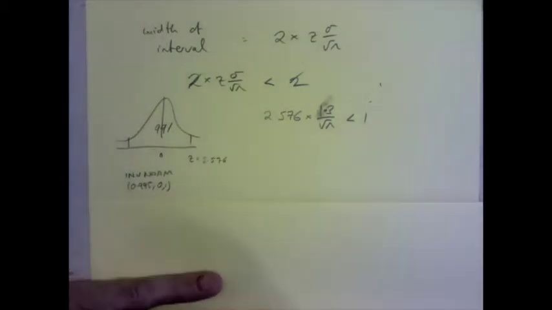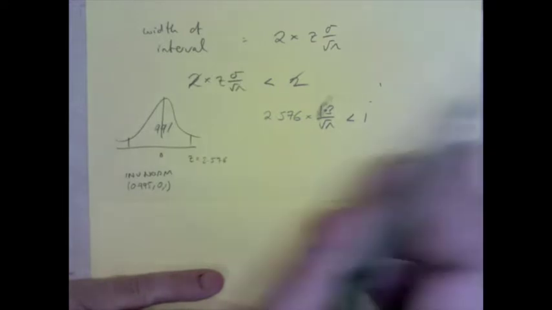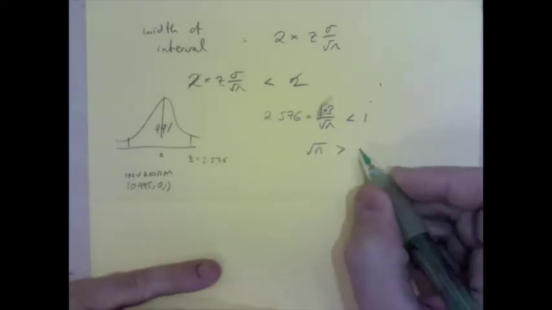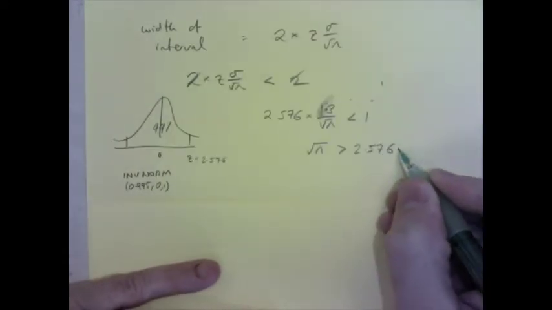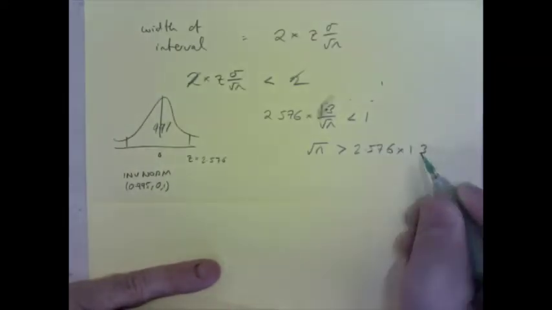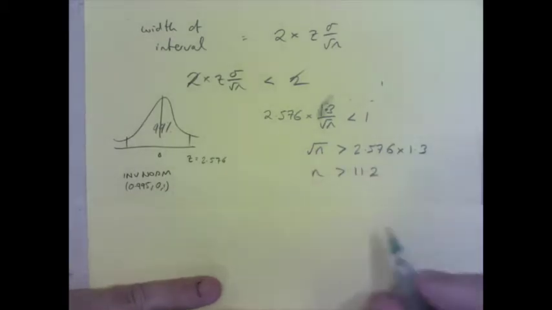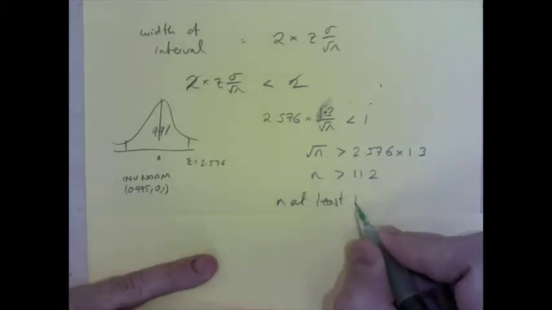It's a case of solving this now, so I'm going to take the n across and flip the inequality. So I need root n to be bigger than 2.576 times 1.3, which turns out to be bigger than 11.2. So I need n at least 12.